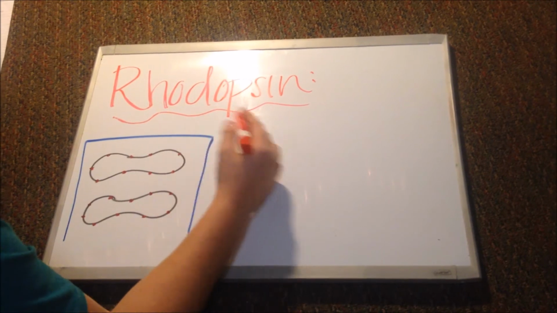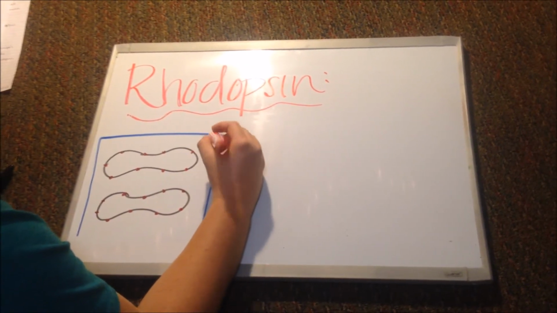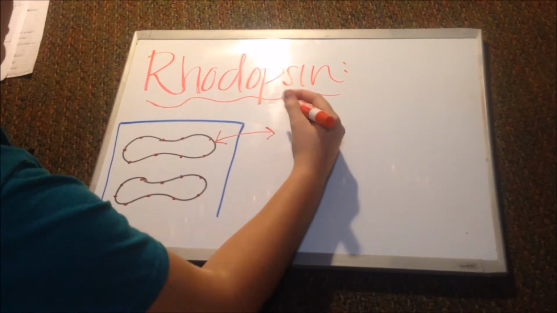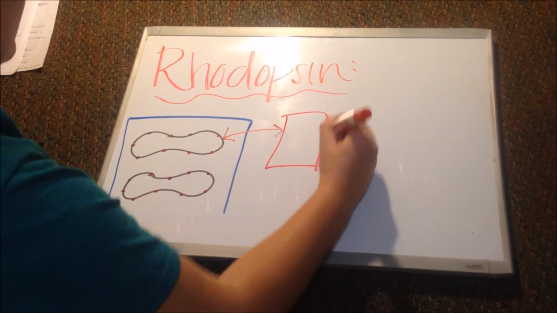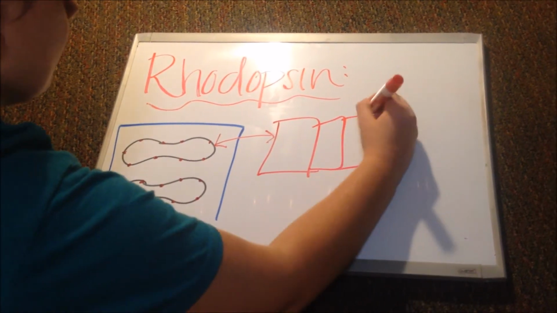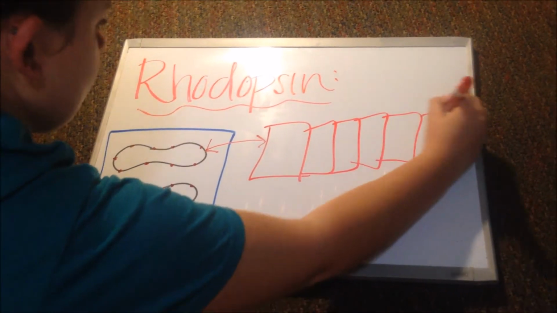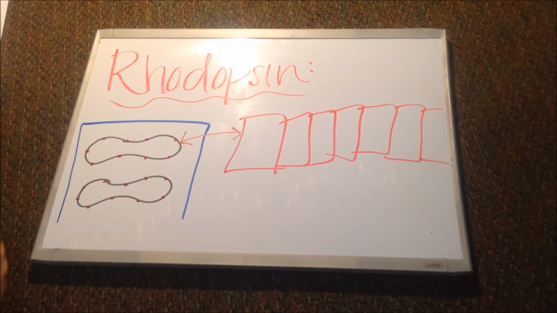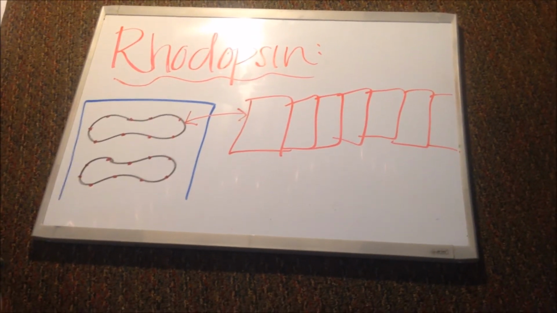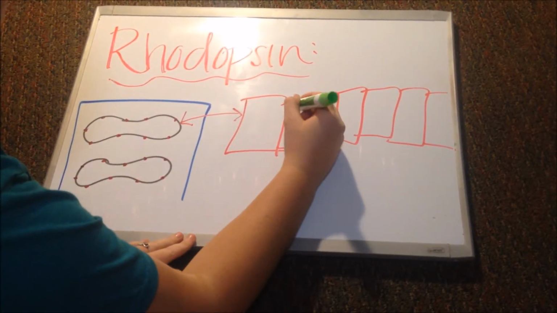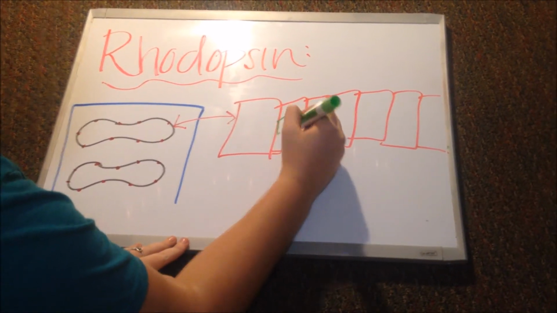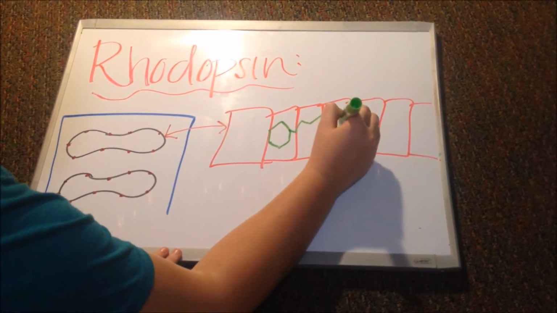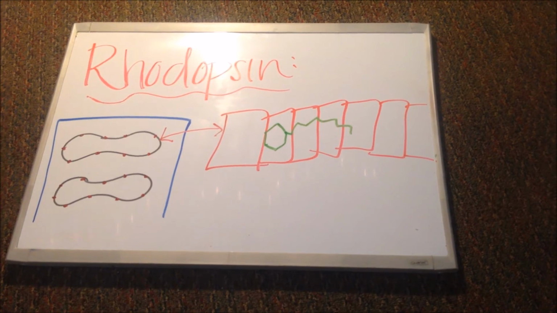So I went ahead and exploded this over here, and if you take this rhodopsin protein and explode it, you'll get this kind of shape, about 7 rectangles, and inside of it is what's called retinol, which is this calcium ion with this itty bitty squiggle after it.